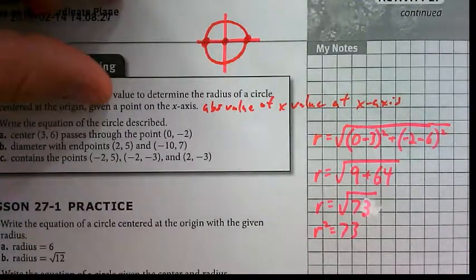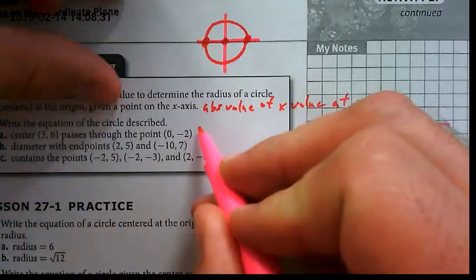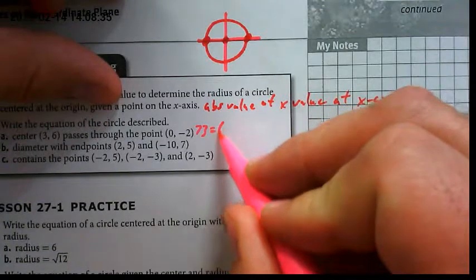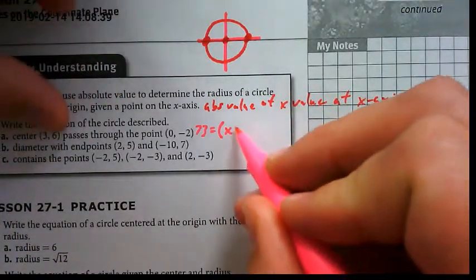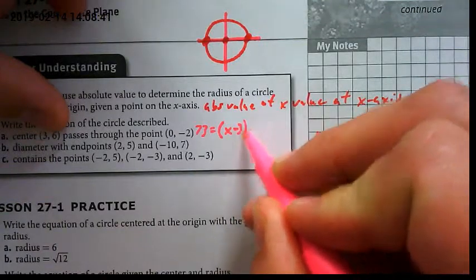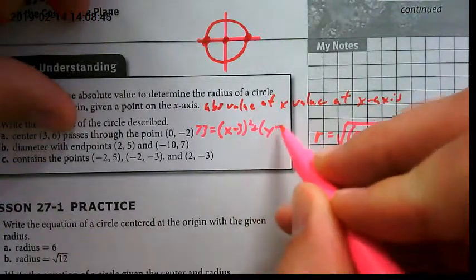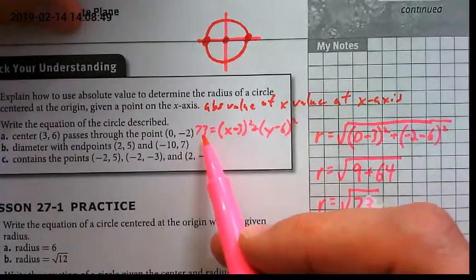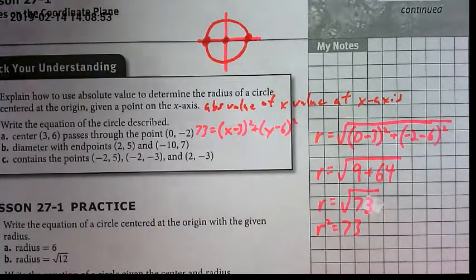So going back to our formula, this would be R squared, so 73, equal to, parentheses, x minus 3 squared plus y minus 6 squared. So we had our R squared value, we had our h value, we had our k value, and that's it. That's our equation.